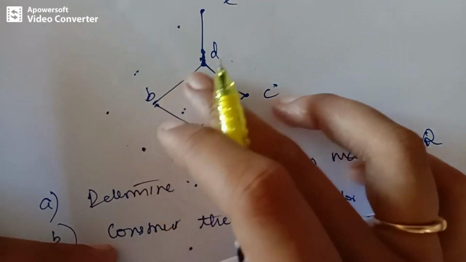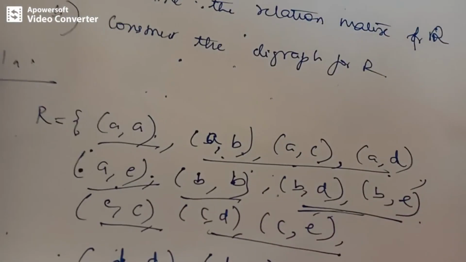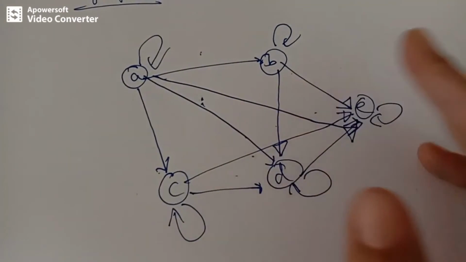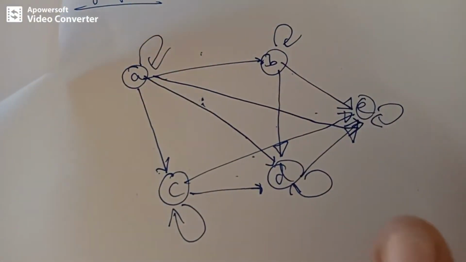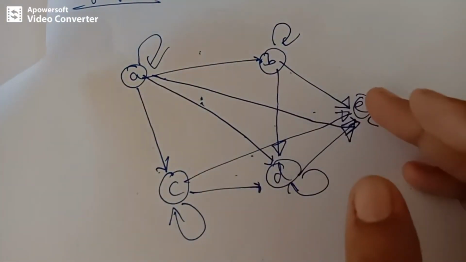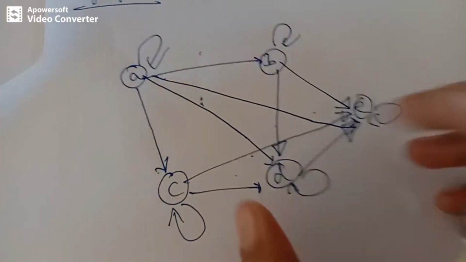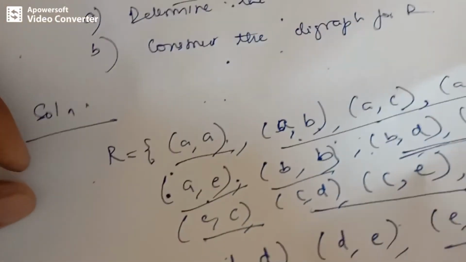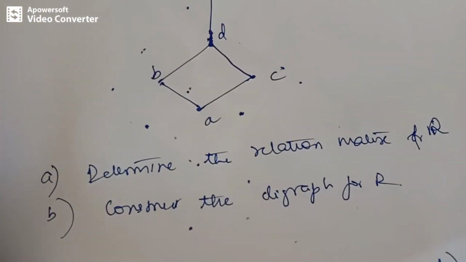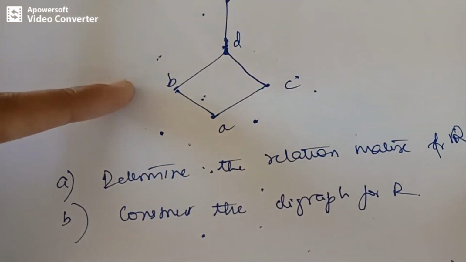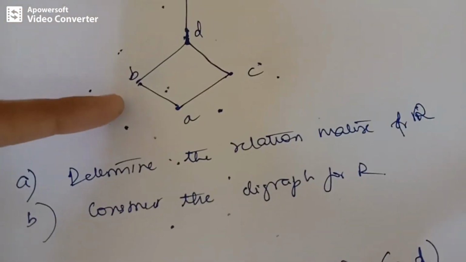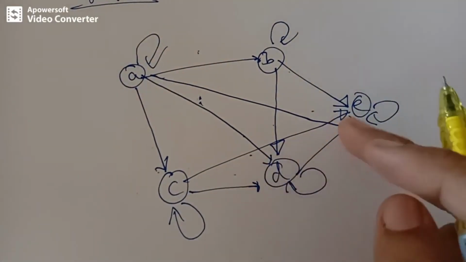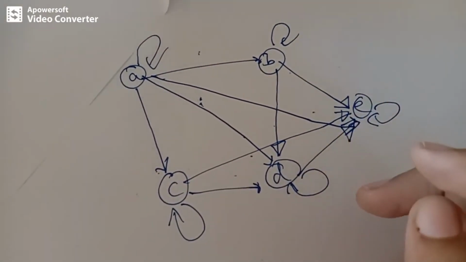It's like B to B, B to D, D to E. But here you need to represent any kind of edge by arrows. Even the bidirectional arrows must be represented in the digraph. Whereas there you just represent an edge, and there is no circle for the vertices, just dots or bullets. But here you have to represent them by vertices with labels.